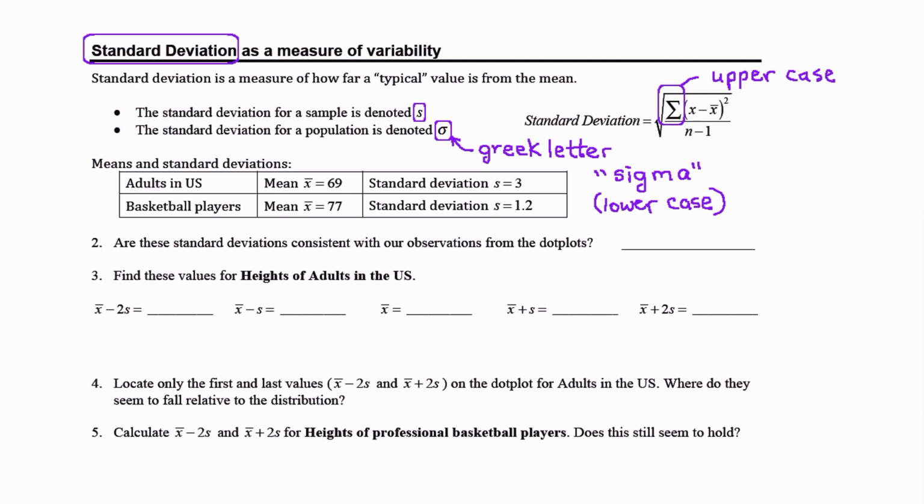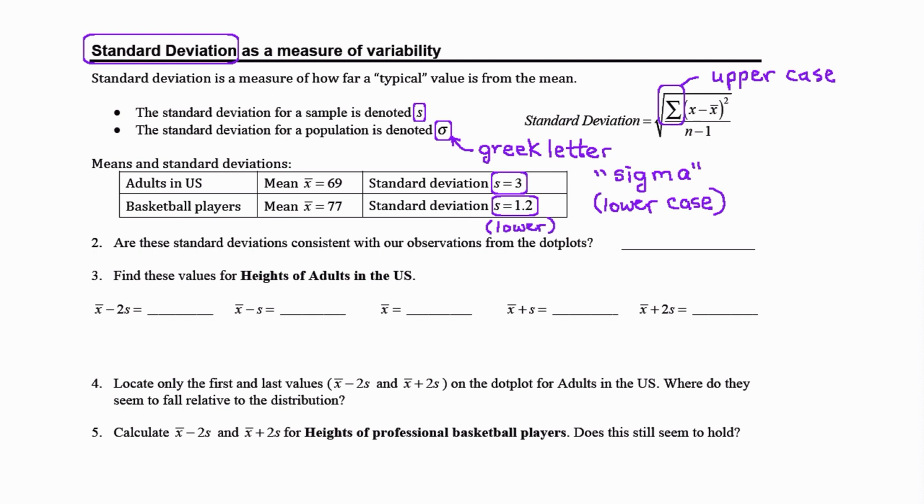So in the examples we just looked at, adults in the US, we have a standard deviation of 3, and basketball players, we have a standard deviation of 1.2. So looking back at those dot plots, we said that we had low variability for basketball players, and we can see here that we have a lower number for a standard deviation of the basketball players.